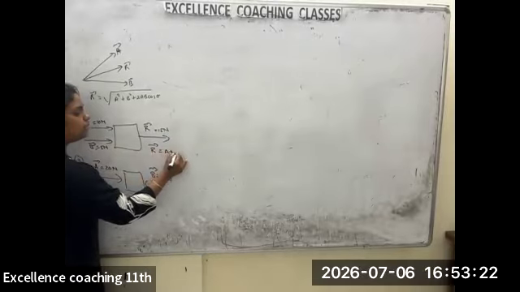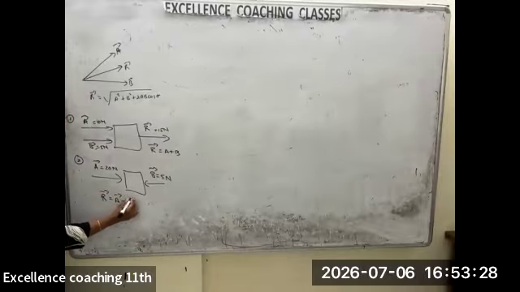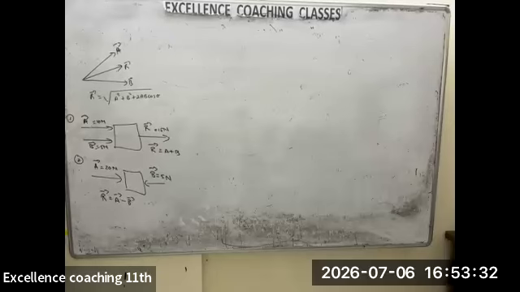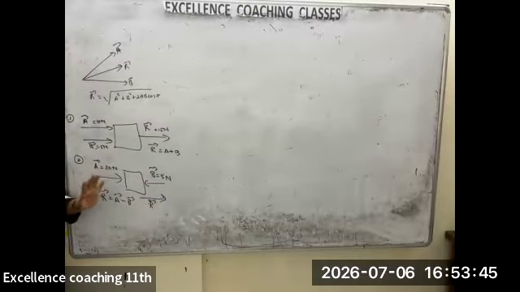Resultant is A minus B or B minus A, depending on which one is greater. What will be the direction? Just imagine, the object moves along the higher value of force. So it is going to move in this direction. So the resultant will be this side. So the value will be less.